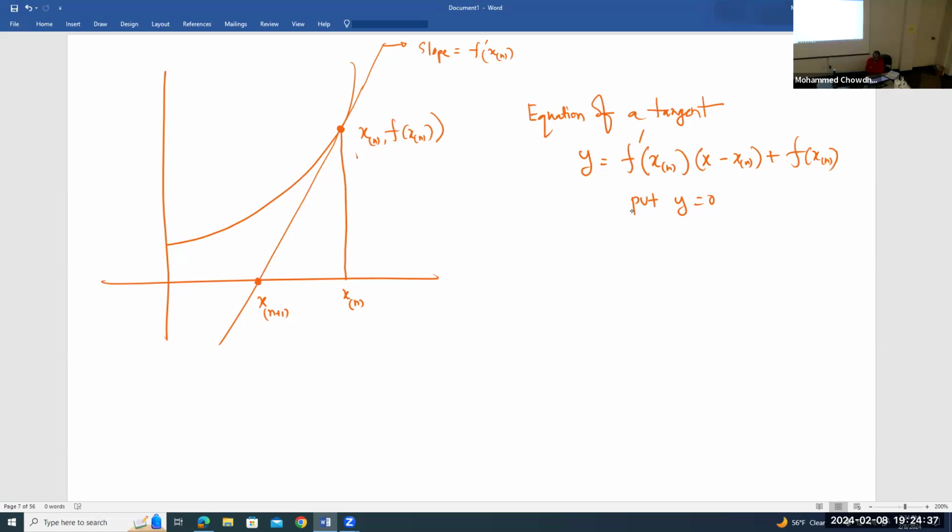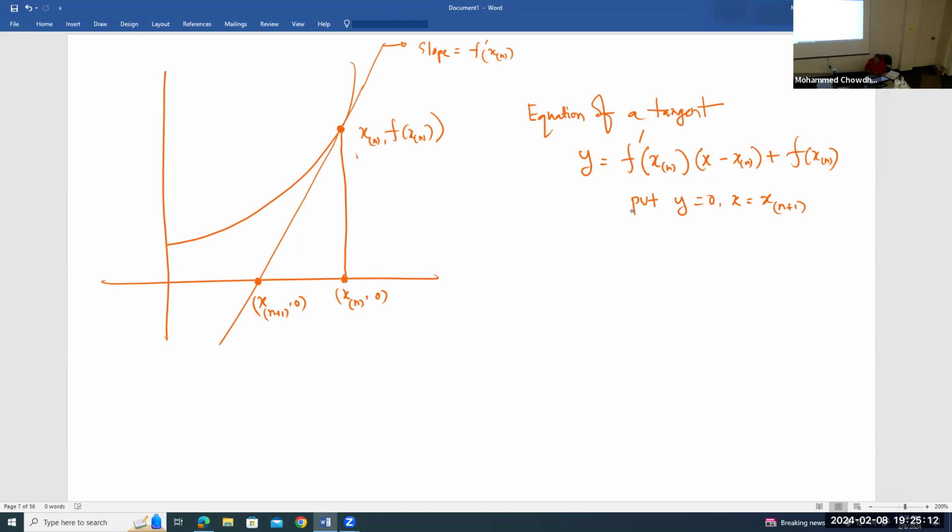If y equal to 0, then x equal to what? x n plus 1. In this case, I have 0 and that. So x equal to xn plus 1, and y equal to 0, right?